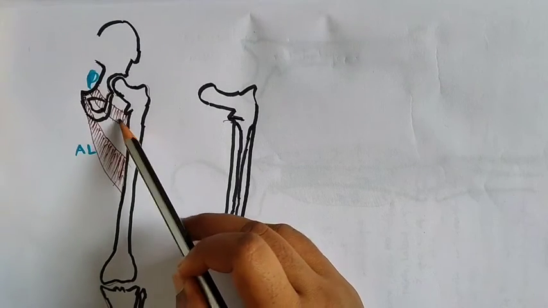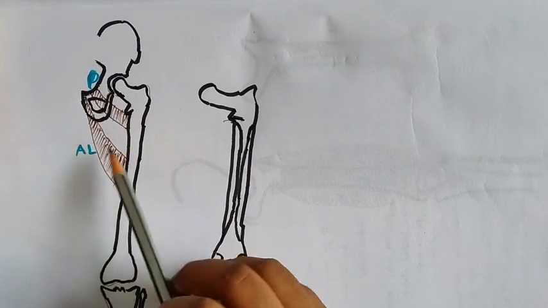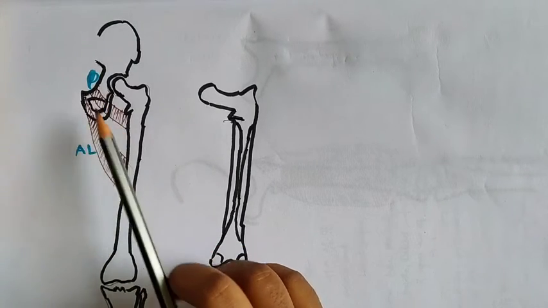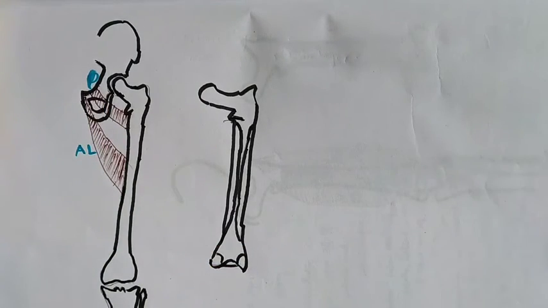This is the pectineus muscle and this is the adductor longus muscle. We already saw the origin and insertion of these muscles. And the nerve supply is the anterior division of the obturator nerve. Obturator nerve.